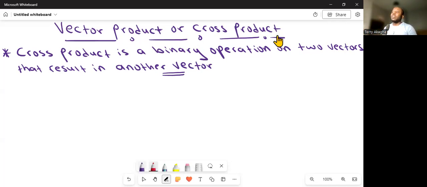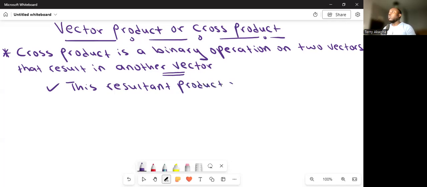So this resultant product vector is going to be perpendicular to both initial vectors.